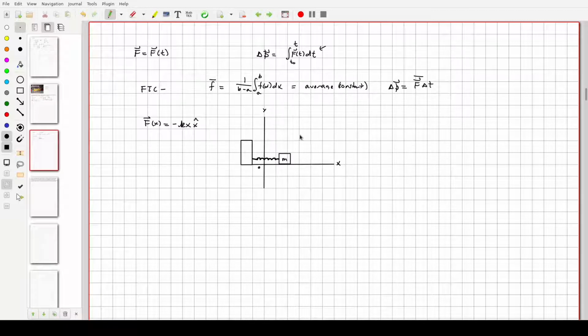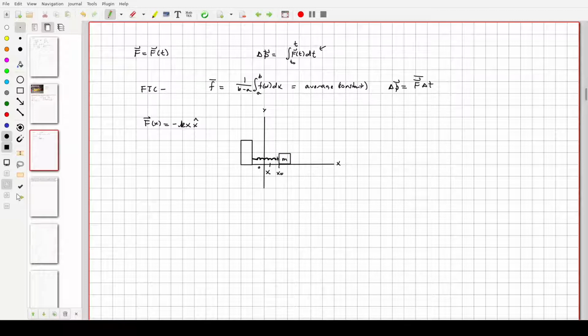Now imagine a situation where you've stretched your spring to here. We'll call this x naught, and then you let it release, and this is your position x. We're not going to take it to the origin, we're just going to put it right here because we want this to be arbitrary.